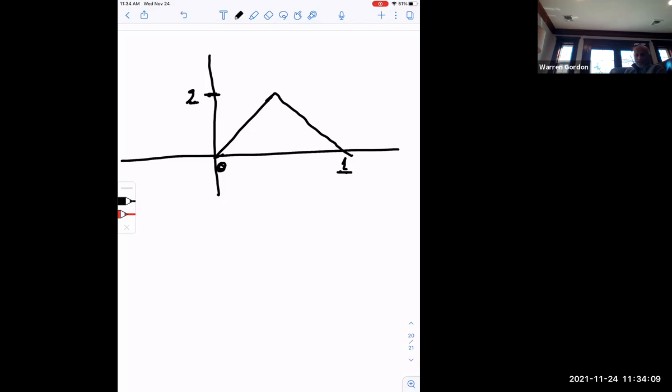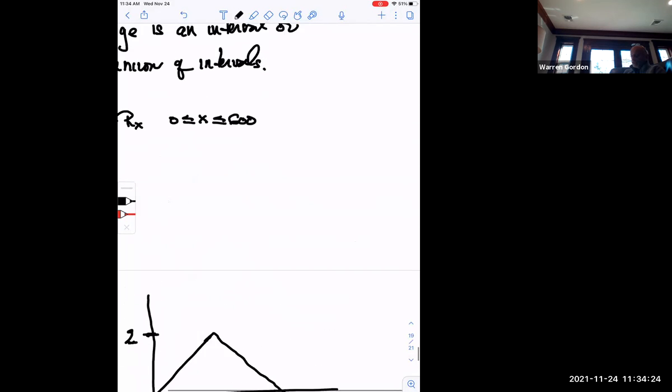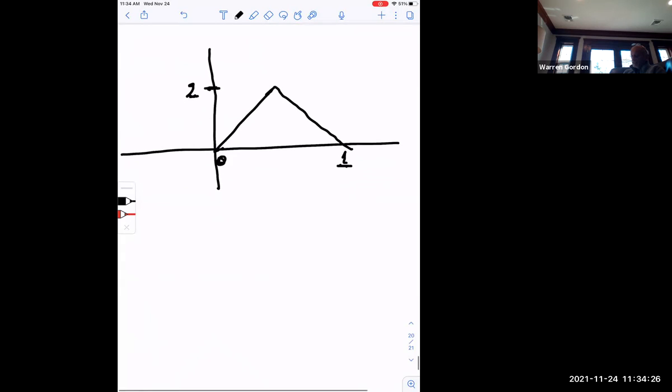And you'll see how it comes about soon enough. First thing I want to observe is, what's the area of this triangle? Well, base is what? Base is 1. Height is 2. The area of the triangle is 1/2 the base times the height, which is 1.